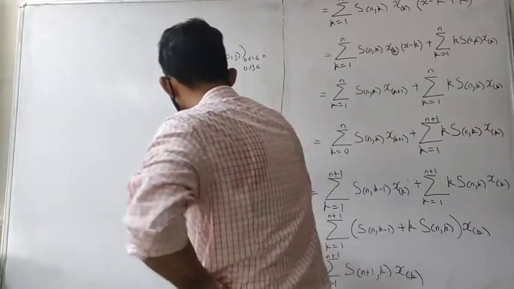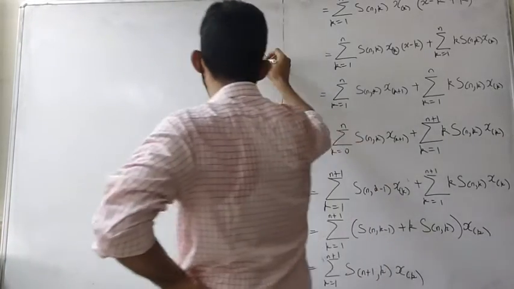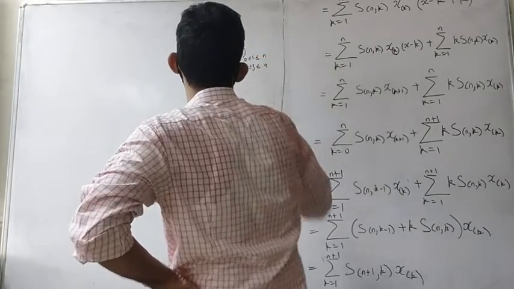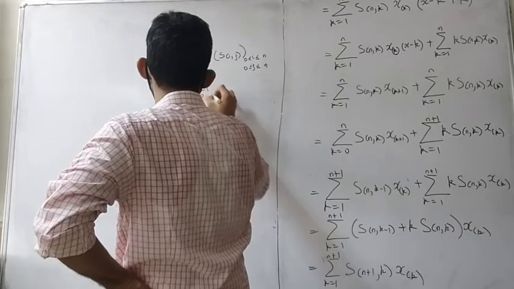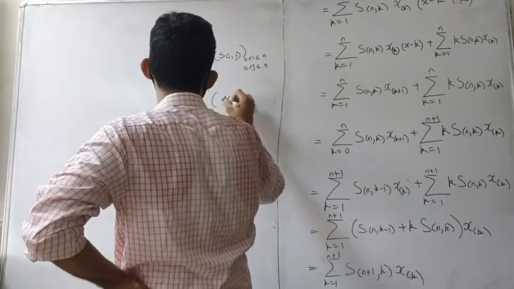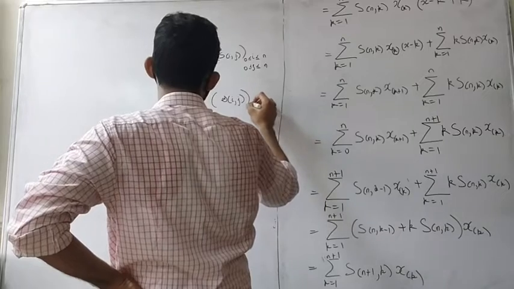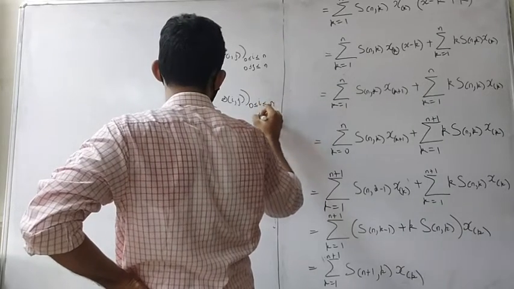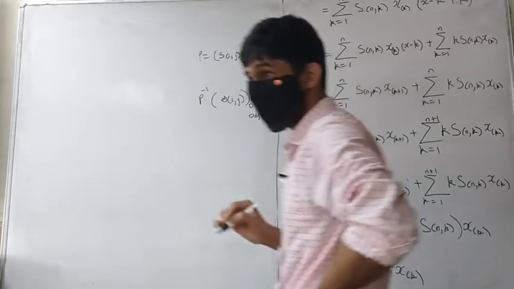Okay, anyway, so that's what we would have, j going from 0 to n. If this is your P, then your P inverse is nothing but small s i comma j, right? That's what we have proved, because we are representing in the other direction. So that's what we have proved.